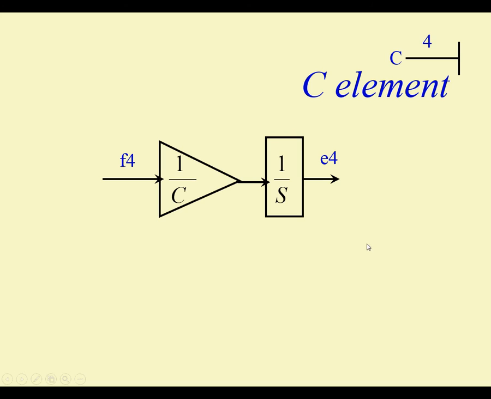And then we can write this way. You say that the flow is the input, and then if the flow is the input in here, this is the output.